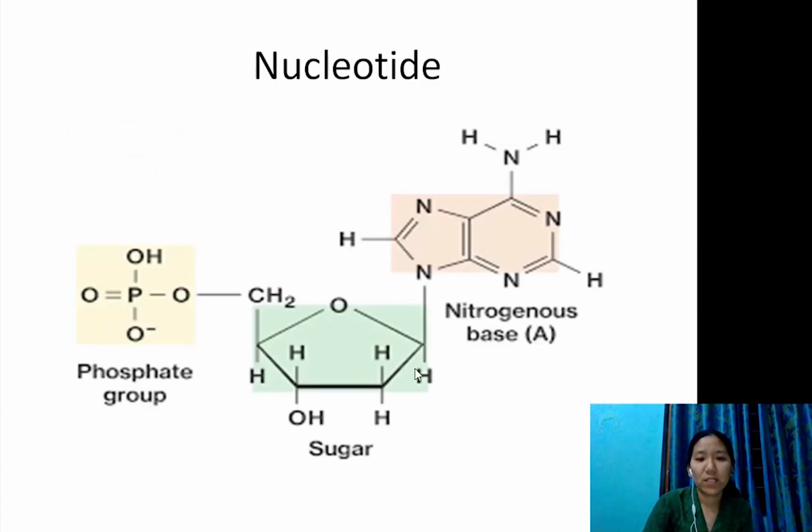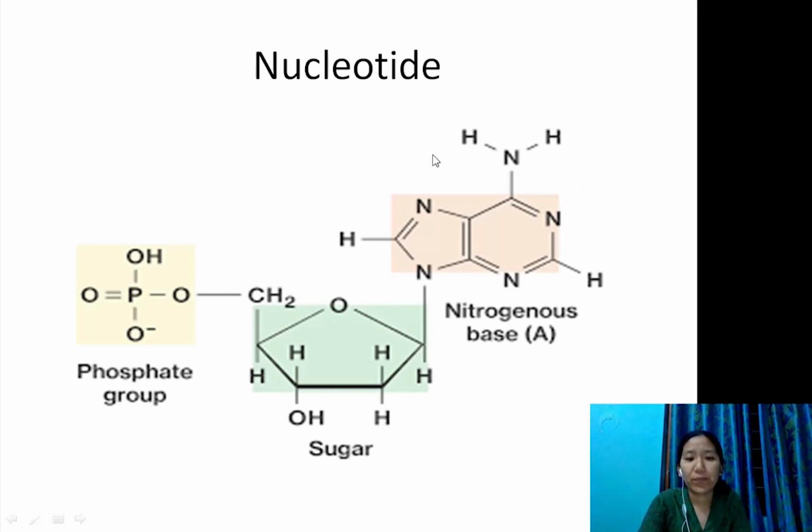Okay, so let us look at the structure here. This is a sugar here. The earlier sugar was ribose, and the sugar shown here is deoxyribose. At the second position, there is only hydrogen, there is no oxygen here. So this is a deoxyribose sugar, and this deoxyribose sugar at position number 1 linked with a nitrogenous base will form a nucleoside.